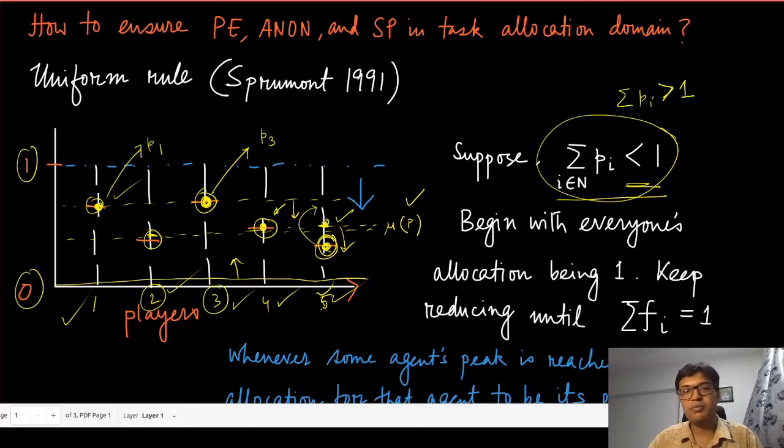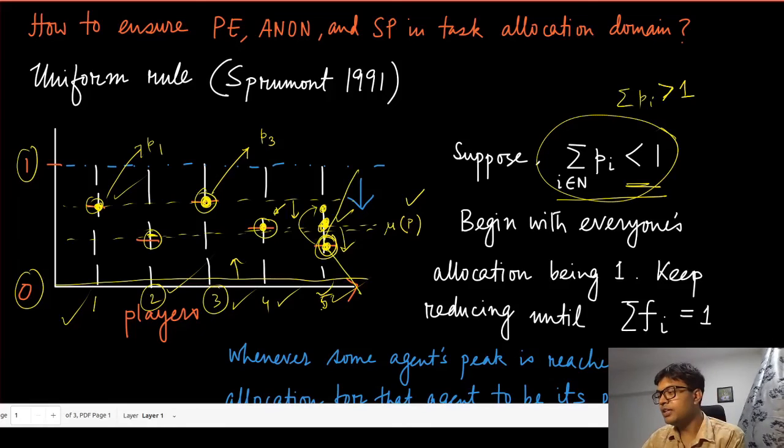Because this preference is single peaked, they always prefer something like this allocation more than an allocation which is even further away from their peak. So the allocations fall monotonically from their peak. They will always dislike this alternative more than the current allocation that they are getting.